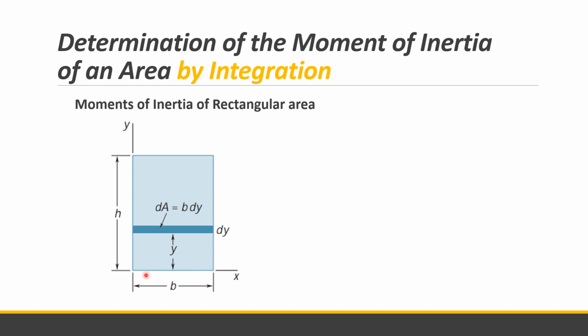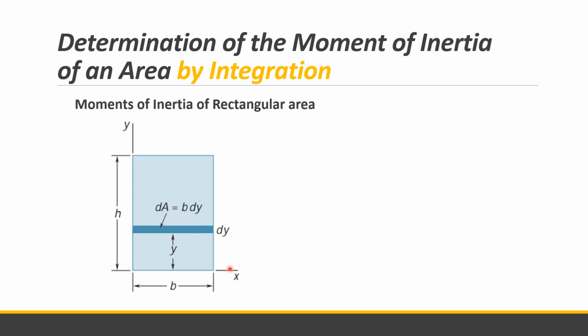So that is the x-axis. So we will select a dA which is equals to b dy. So b is the length and the thickness of the area is a differential element dy. So the distance from the base to the dA is, say, y. So this is y.